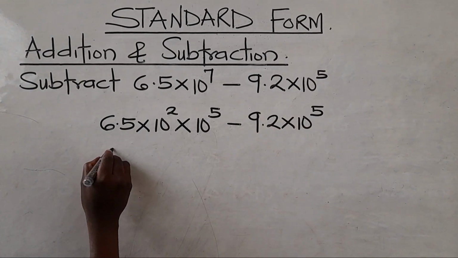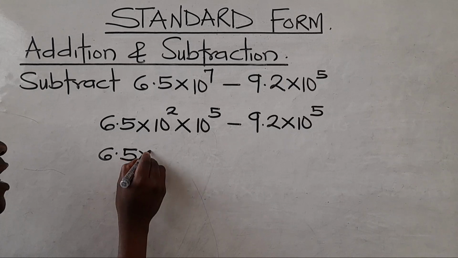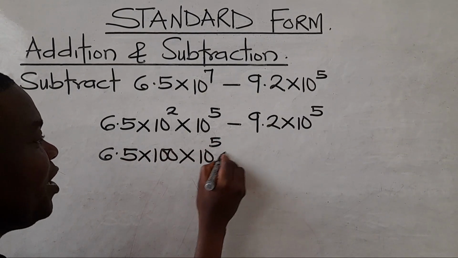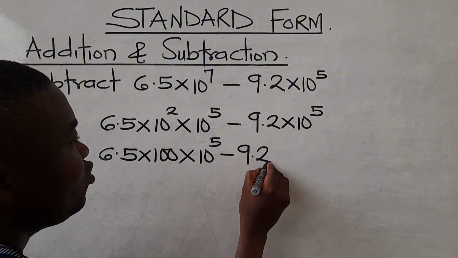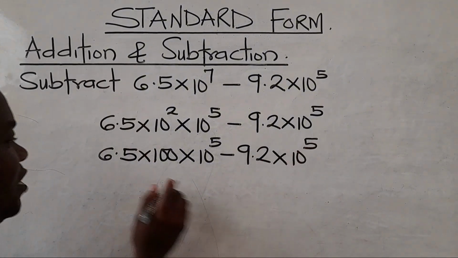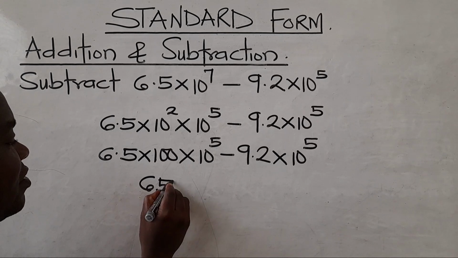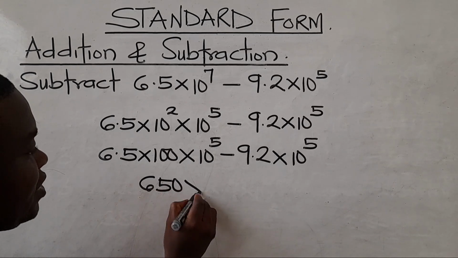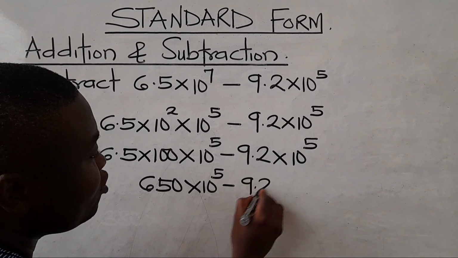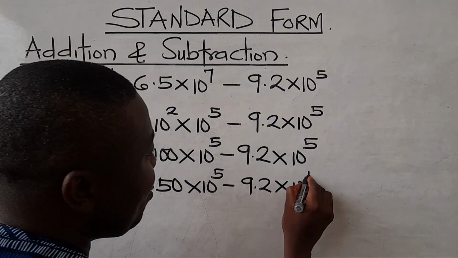So this is the same thing as 6.5 times 100 times 10 to the power 5 minus 9.2 times 10 to the power 5. So this gives us 650 times 10 to the power 5 minus 9.2 times 10 to the power 5.